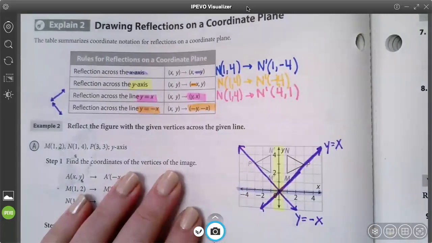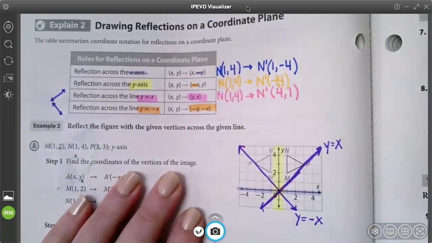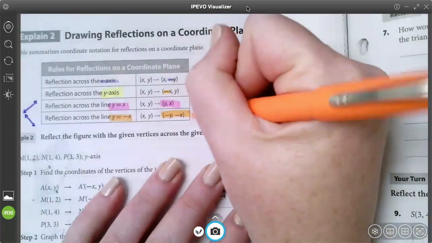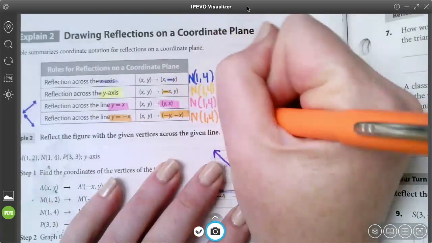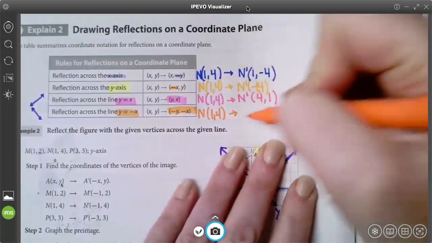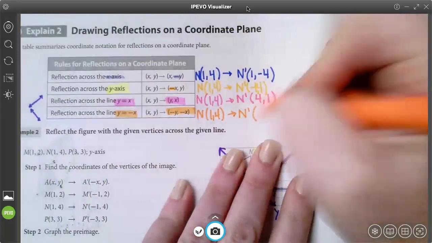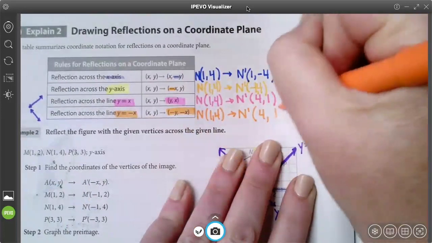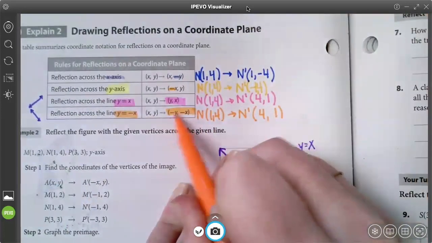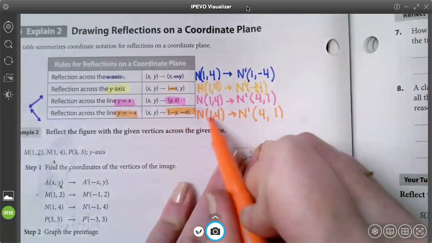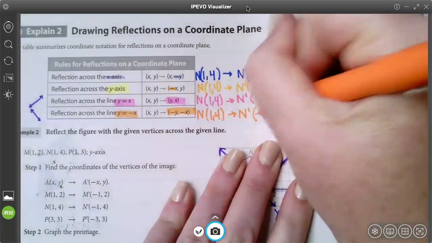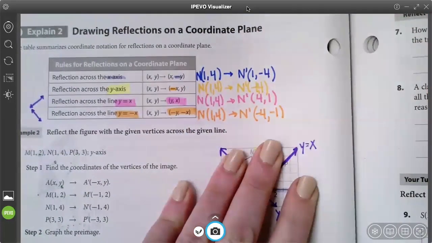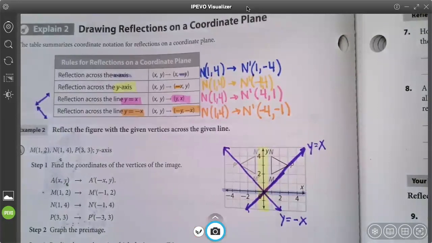So if we are once again using N at (1, 4) as our example, N prime, we're going to switch our order, (4, 1), and change the signs on both of them. These started as positive, so now they're going to end as negative. So those are your rules.